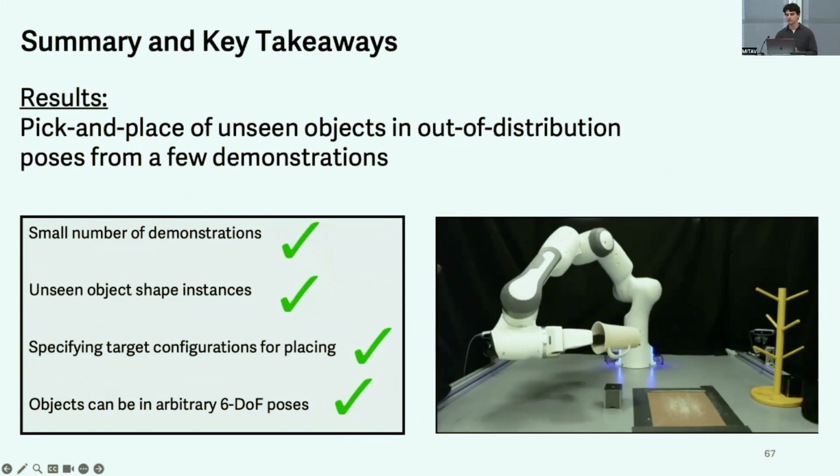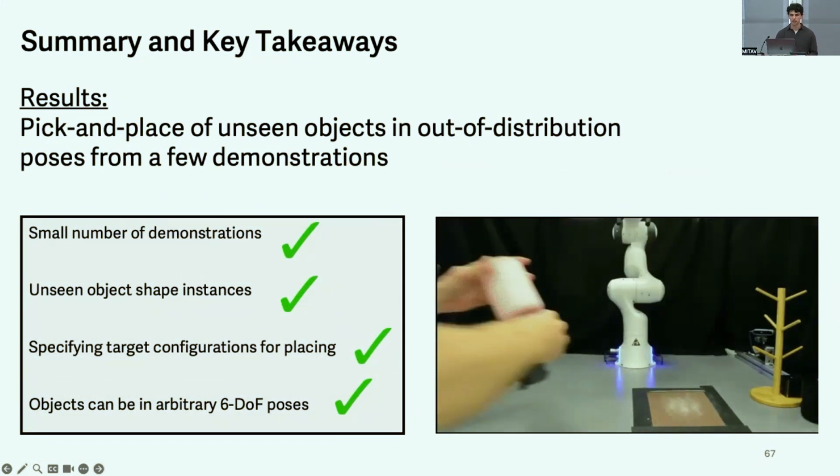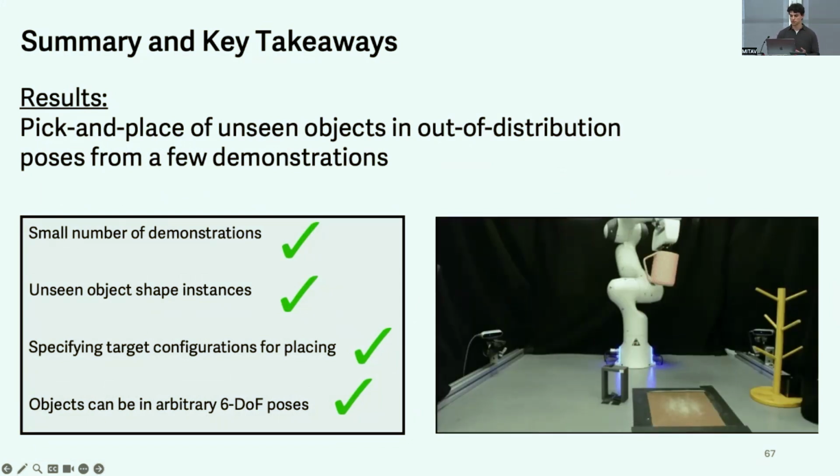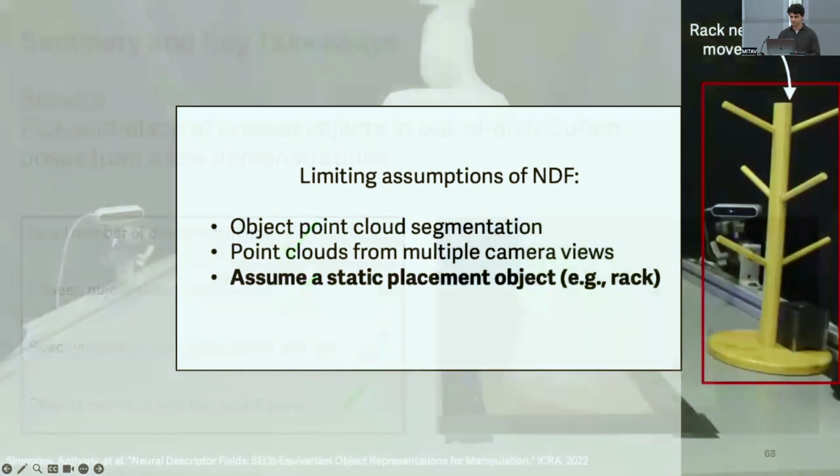And we show how we can use NDFs to perform pick and place on unseen objects in OOD poses from just a few demonstrations. So I was pretty excited about this because it showed me one way of generalizing across different shapes in a category and handling unseen positions and orientations of objects, all the while requiring just a small handful of demonstrations that can be provided quite quickly.